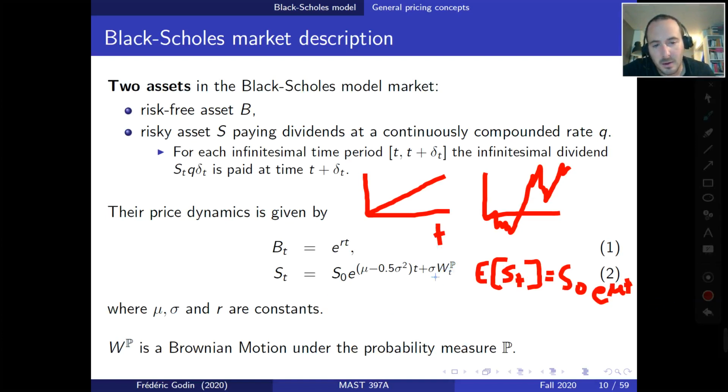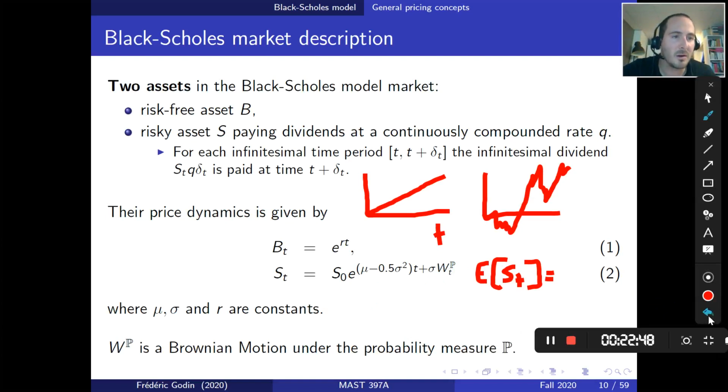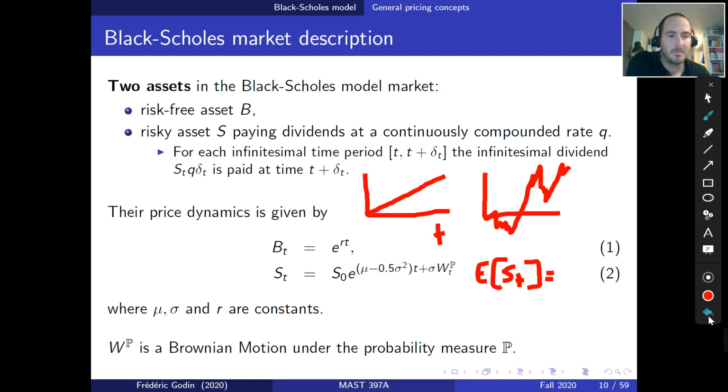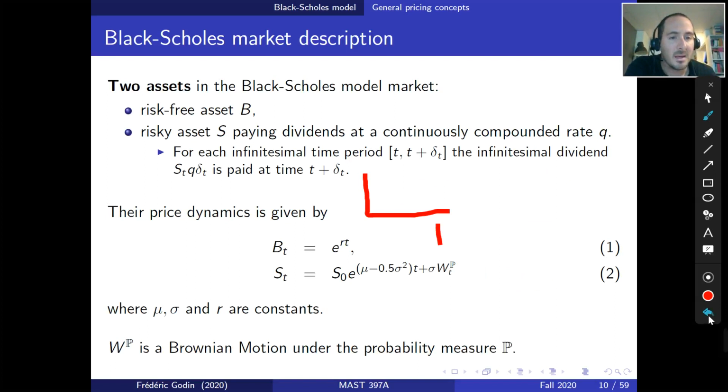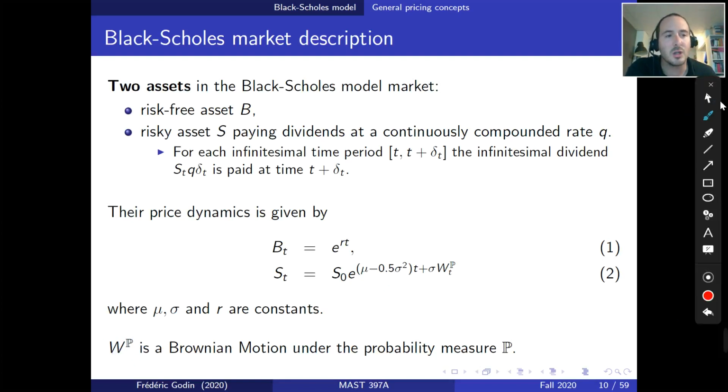And here W^P, we said it's a Brownian motion, but the P denotes the fact that it's a Brownian motion under the physical measure P. Why am I saying that right now? It's because later on in the chapter, we're going to introduce a measure Q, which will act as the risk-neutral measure, similarly to what we've done in the previous chapter. So we'll have to talk about what happens under P and under Q. So W^P is a Brownian motion under the probability measure P.